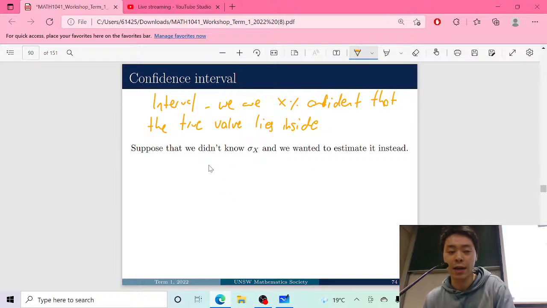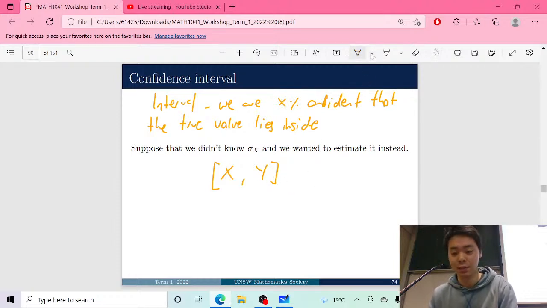So if I have an interval, let's just say X to Y, then the confidence interval is going to tell us exactly how confident we are that the true mean or the true value will lie inside this interval here. Does that make sense?